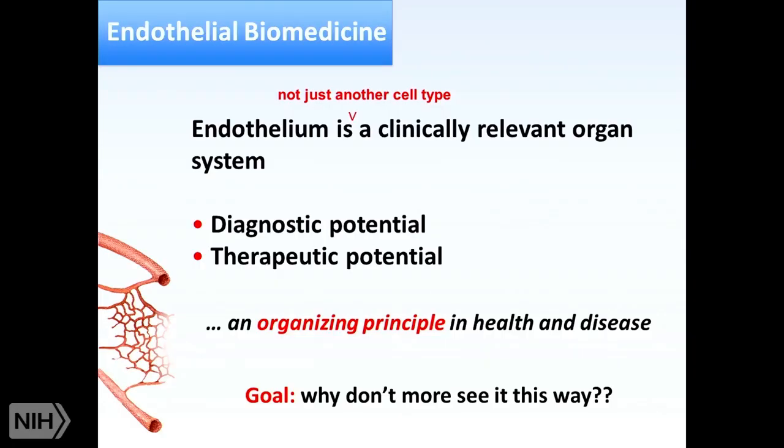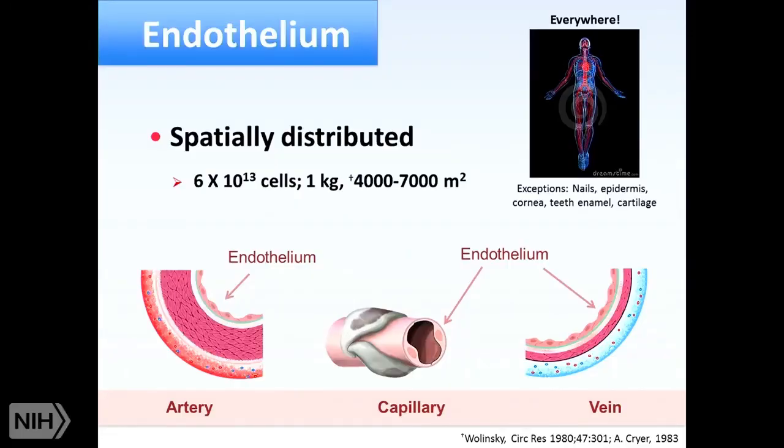In fact, I would go so far as to say that the endothelium is an organizing principle in health and disease. Now, the goal of my talk today is not so much to convince you to share this point of view, I suspect some of you already do, but rather to ask the question, why don't more people see the endothelium in this light? So with that introduction, I'd like to focus our lens squarely on the endothelium.